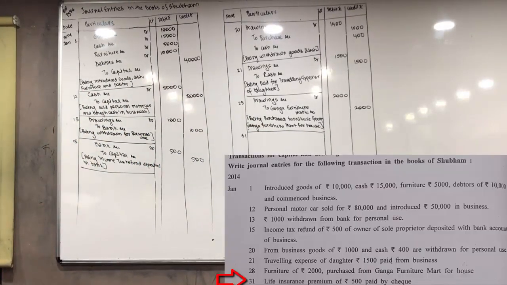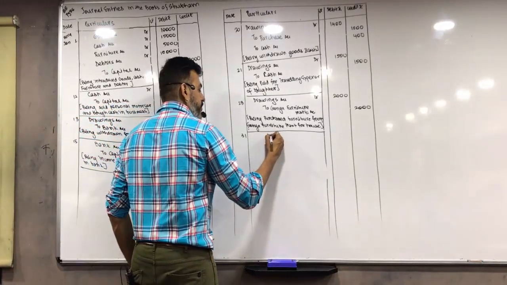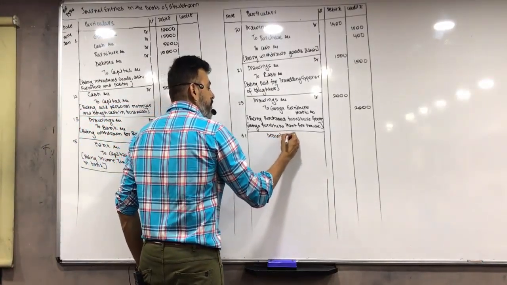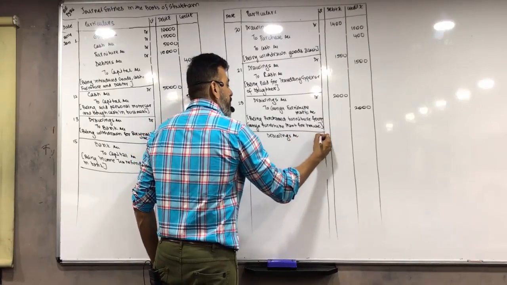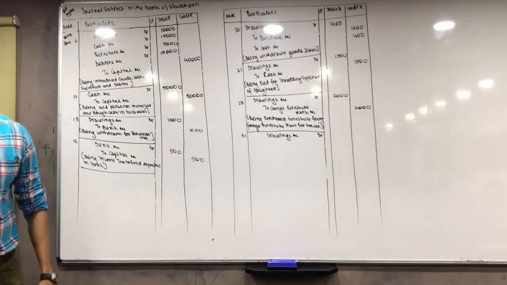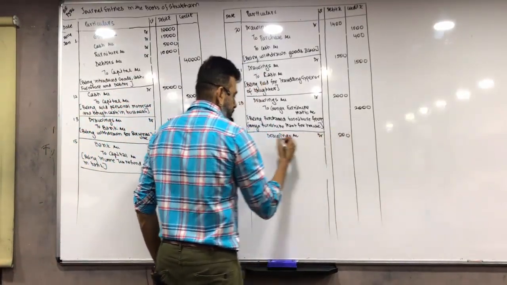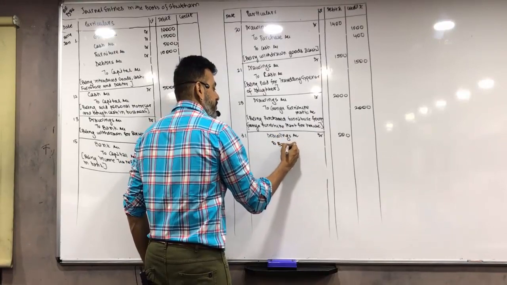Thirty-one. Important. Life insurance premium 500 paid by check. Now किसका life? Owner का. So drawings account debit. Amount is 500. We are paying by check, so to bank.